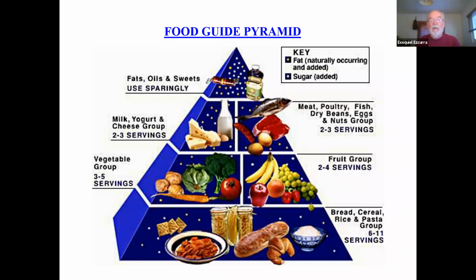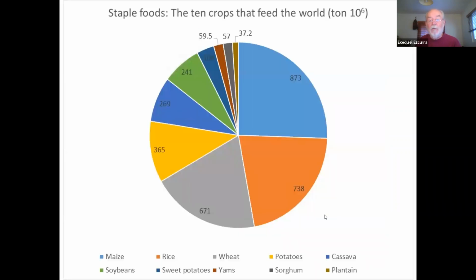The FDA guidelines establish that the base of our feeding pyramid should be basically rice, pasta, bread, crackers, things like that, which are all obtained from the grains of cereals. So really, the base of our food security is the cultivation of cereals.